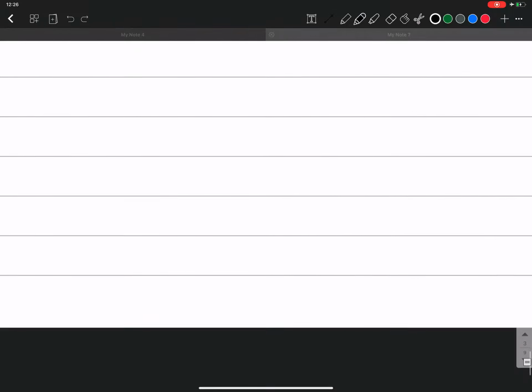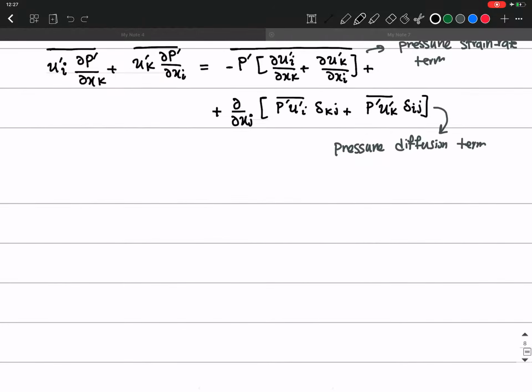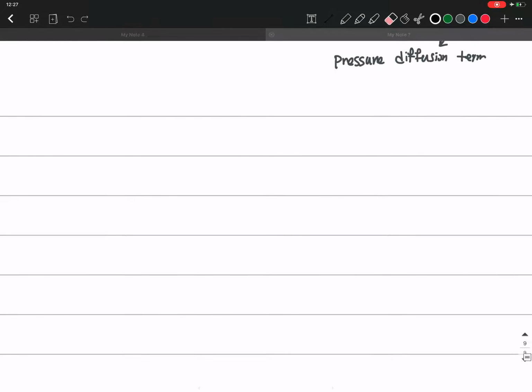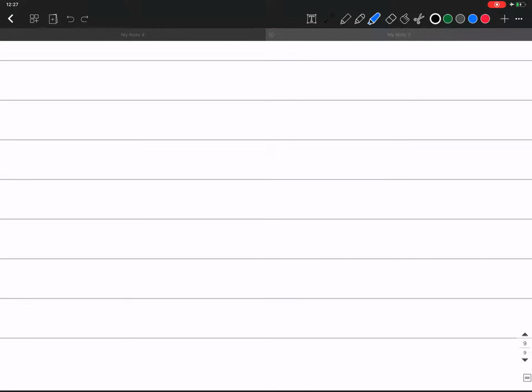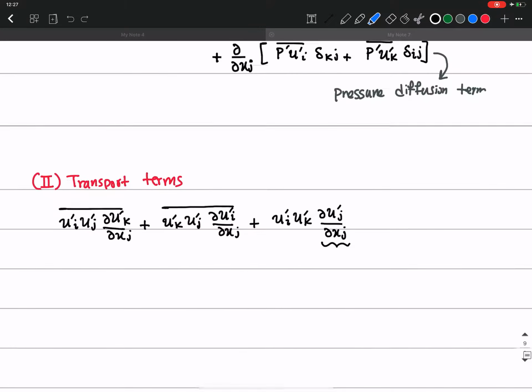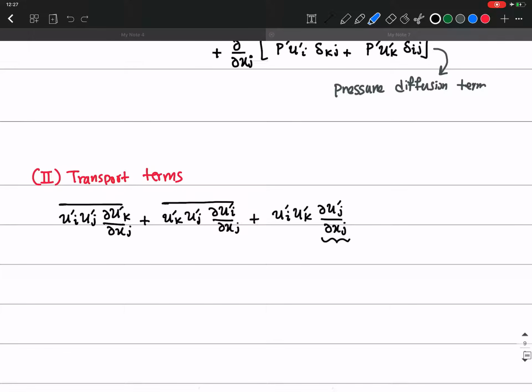So here, we know that this term is 0 from continuity.